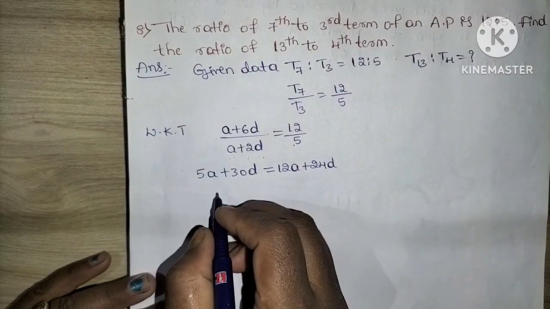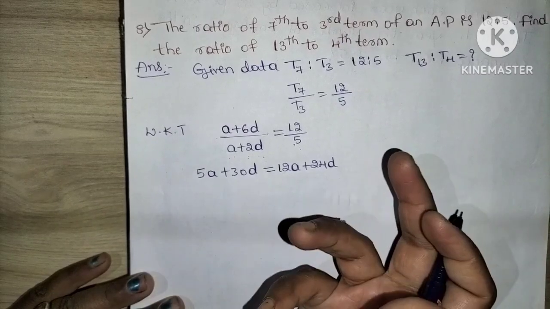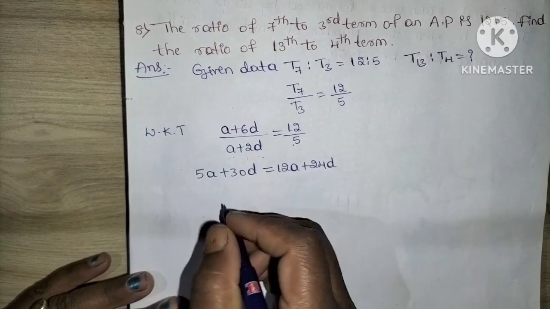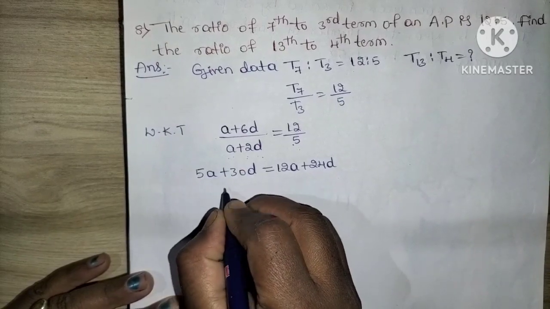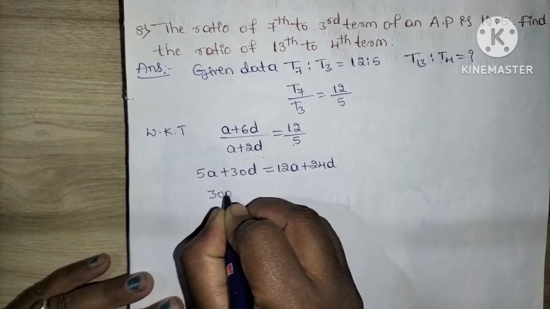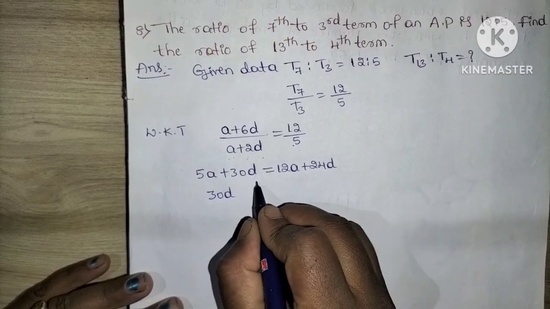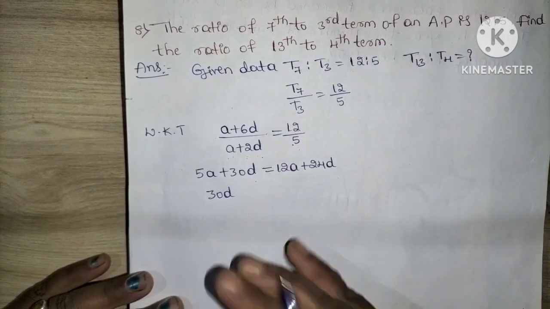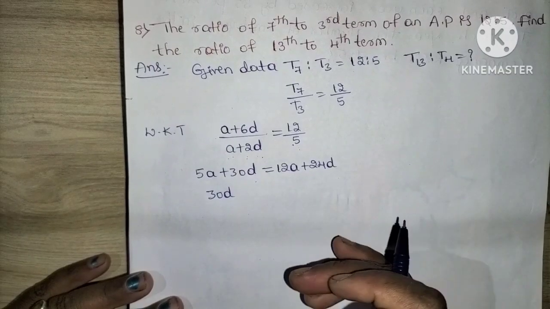Here we have to find the values of a and d. So how to find them? I write 30d as it is. I am taking all the d's to one side and the first term a to the other side.